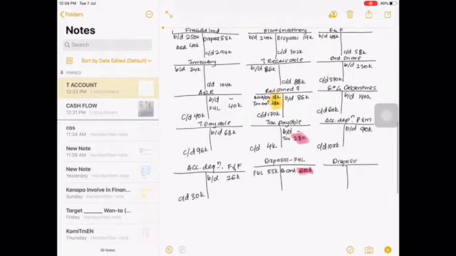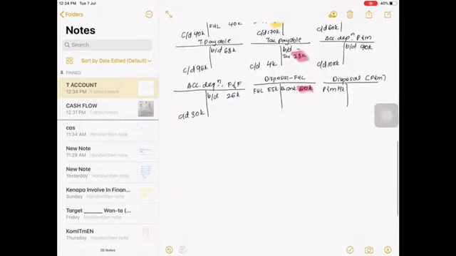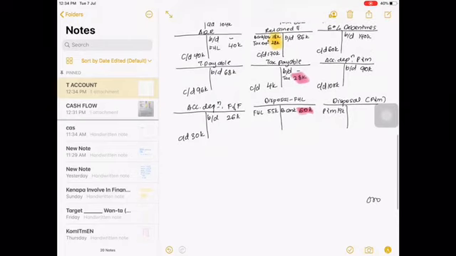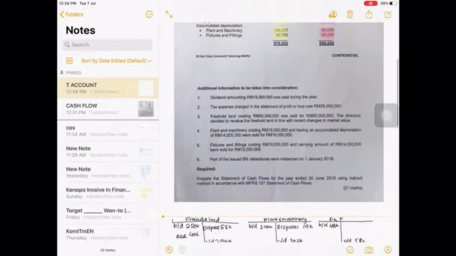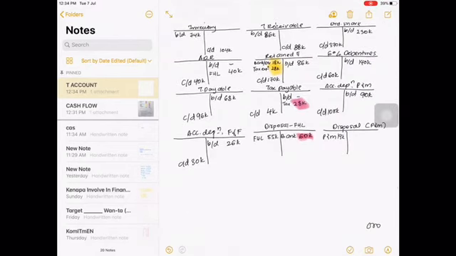So the next one will be plant machinery costing 90,000. So you go to plant machinery, you have to credit 90,000, debit disposal to complete your double entry. And then the accumulated depreciation also has to be processed, where you have to take out the accumulated depreciation for plant machinery of 14,000.